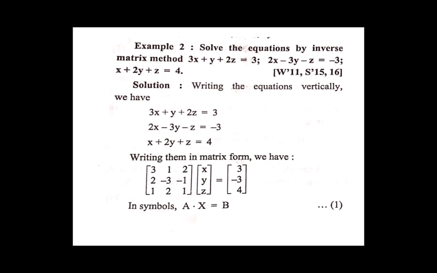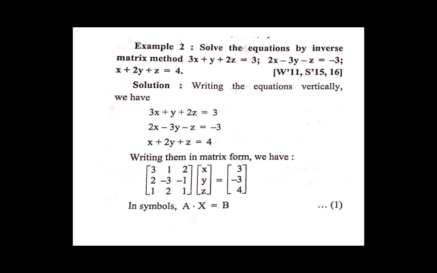In the earlier video we had started solving simultaneous equations by the matrix inversion method, right? In that we had seen one example of two variables and two equations, how to find the two variables x and y by using the matrix inversion method.